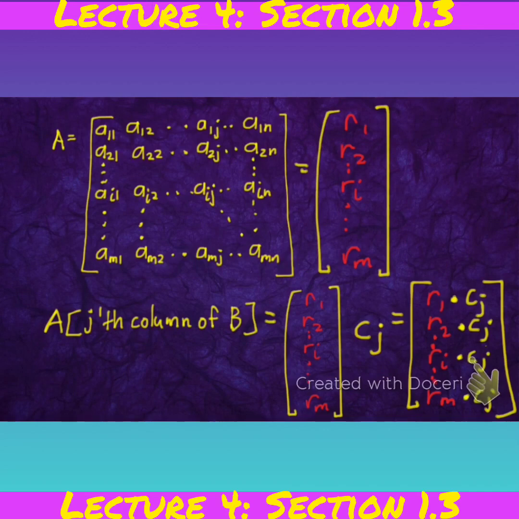Then, because Cj is a column vector and each R is a row vector, we're going to dot Cj with each row vector. So we can replace A times the jth column of B with R1·Cj, R2·Cj, up until Rm·Cj.